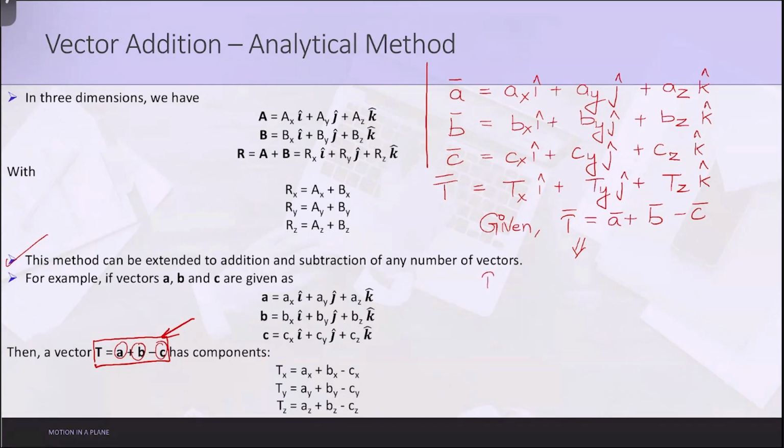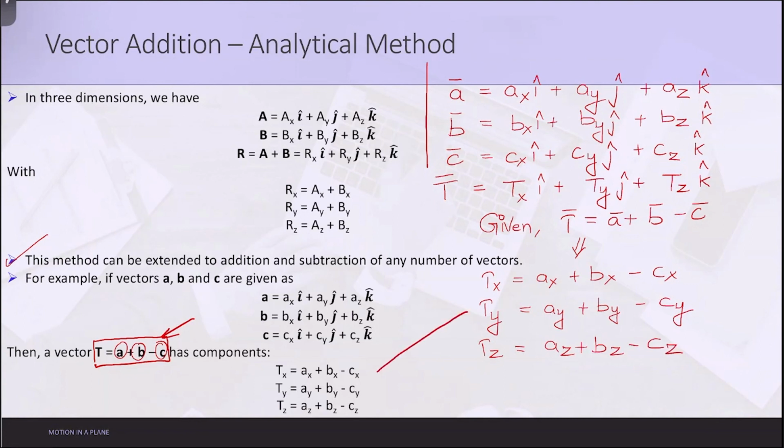Therefore we will write tx is equal to ax plus bx minus cx. What will be ty? ay plus by minus cy. Similarly, tz is az plus bz minus cz.